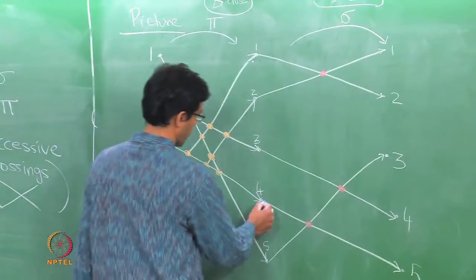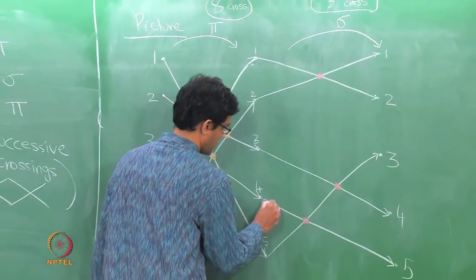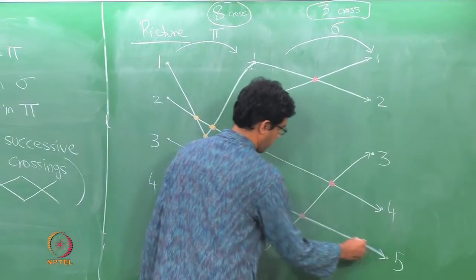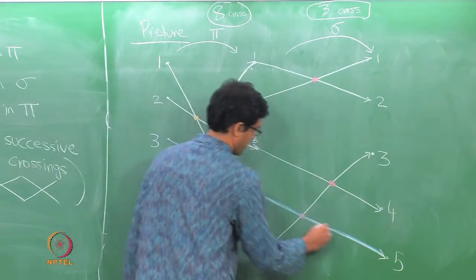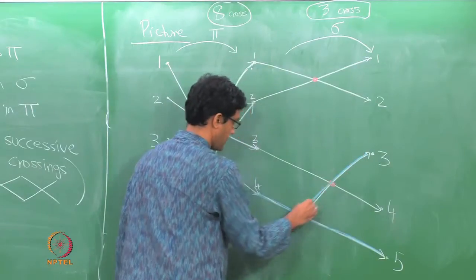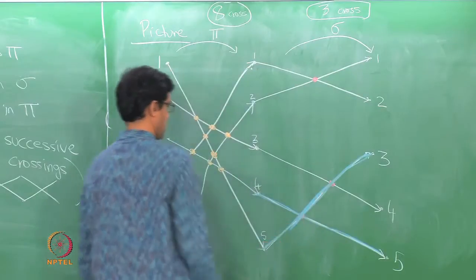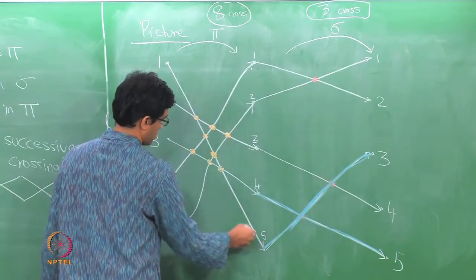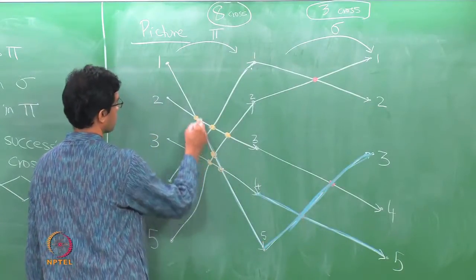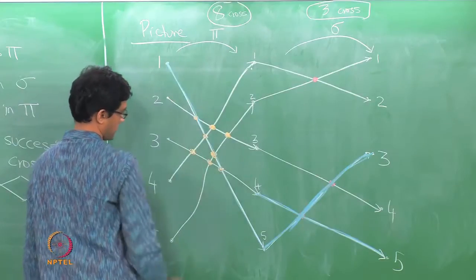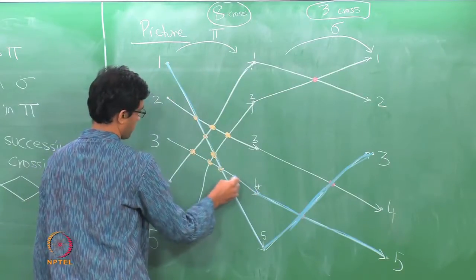Well, here is one. I look at this configuration here between 4 5 and 5 3, and the thing here, 1 going to 5 and 2 mapping to 3 mapping to 4.